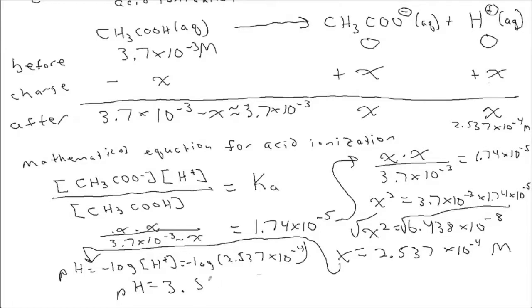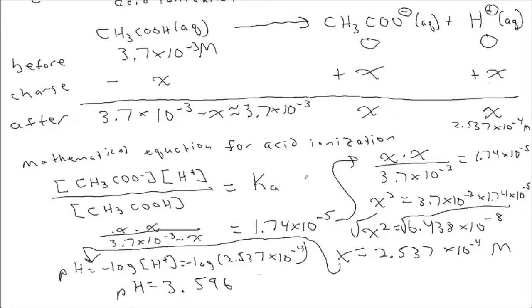All right, that rounds to 3.596. Okay, does that match our prediction? Yes. So now what? Now we found the pH. Okay, so what's the answer? 3.596. Okay. All right, so that's another type of problem that we've learned how to do.